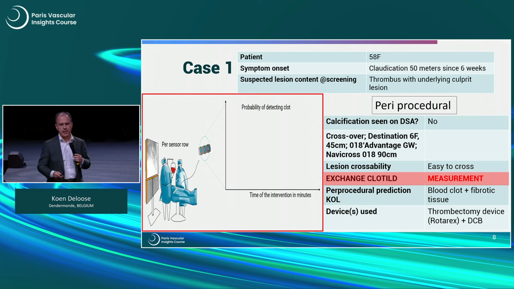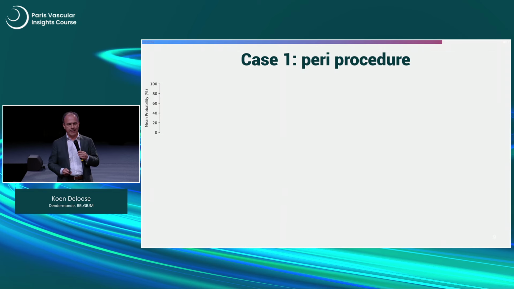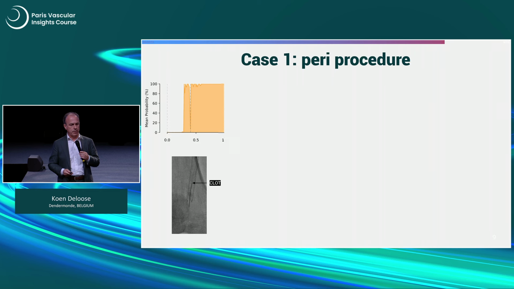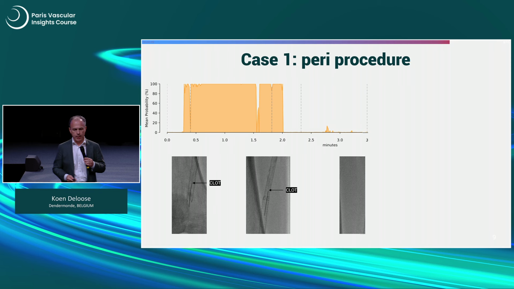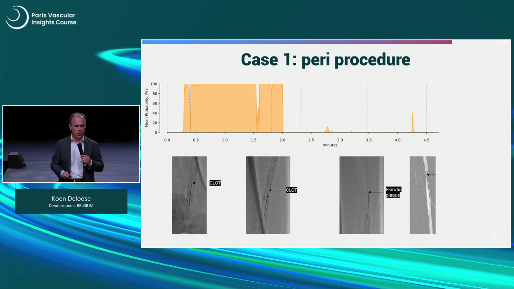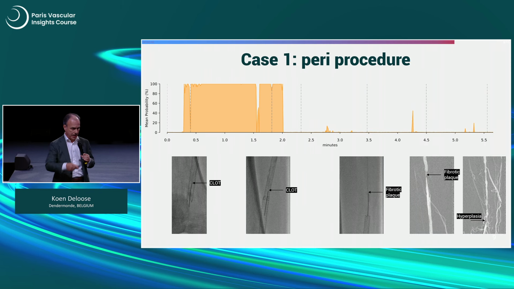So I was really curious to see if Clotild detected the same. And here you see the detection of thrombus, with red blood cell count more than 40%. I started distally because I exchanged the wire, and you can see the different positions of the wire.